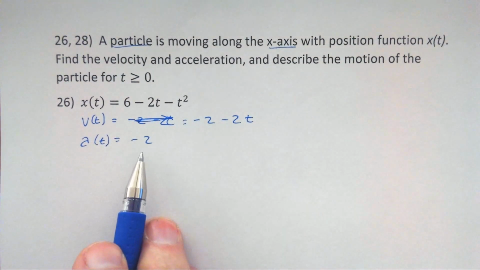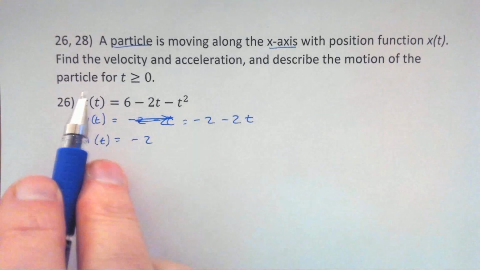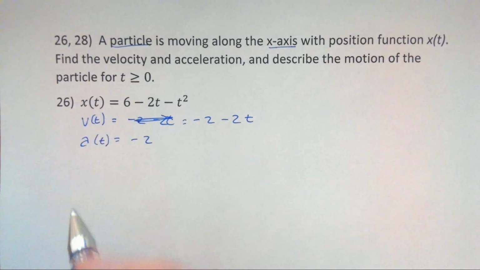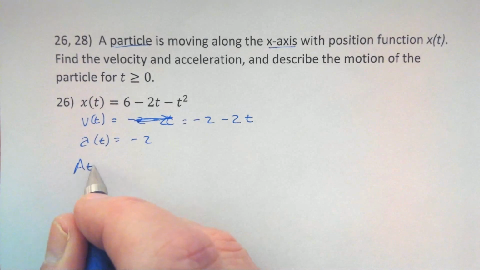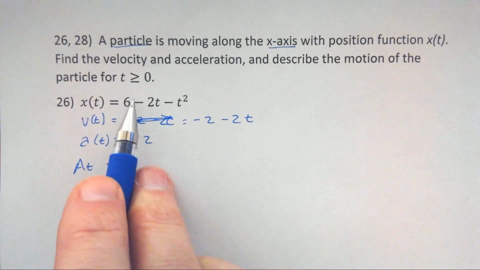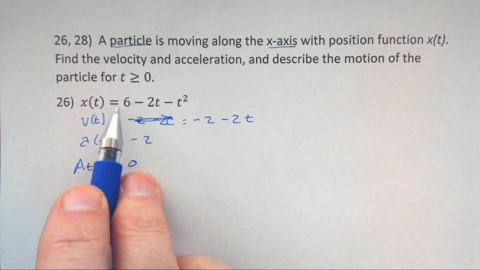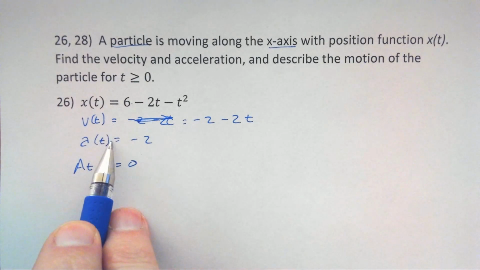Acceleration, negative 2. And describe the motion of the particle for t greater than or equal to 0. Well, I'm going to start by saying at t equals 0, and I'm going to try to touch base each time with everything.